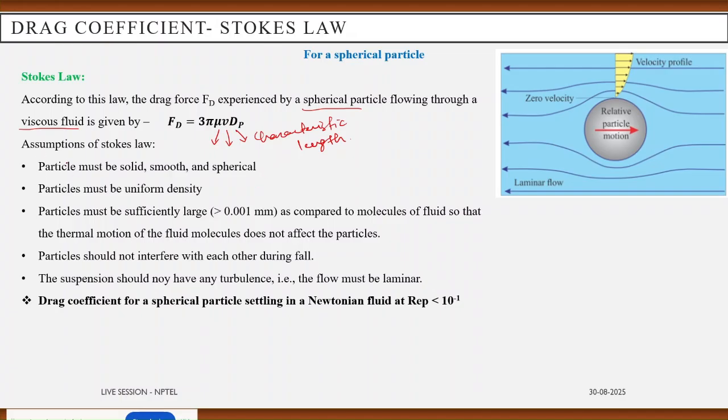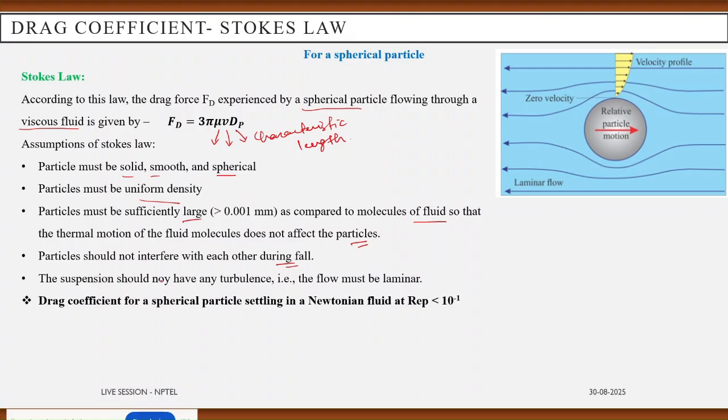In this case, we have some assumptions of the Stokes law: the particle must be solid, smooth and spherical. The particle must be of uniform density, sufficiently large compared to the molecules of the fluid, so that the thermal motion of the fluid molecules doesn't affect the solid particles, and particles should not interfere with each other during the free fall.